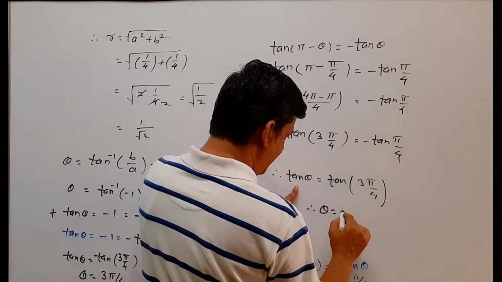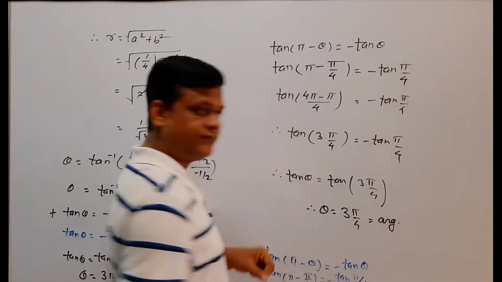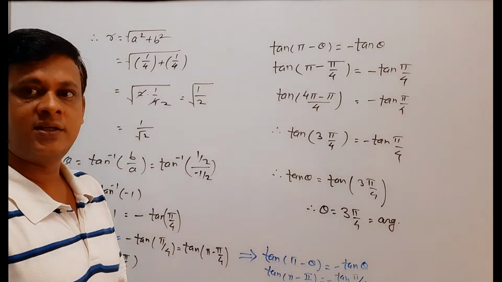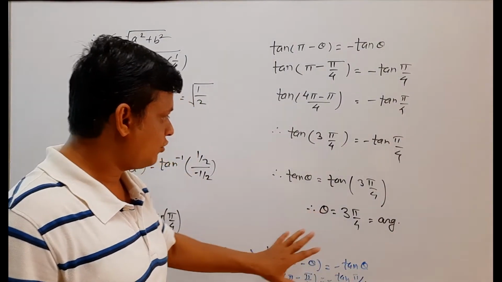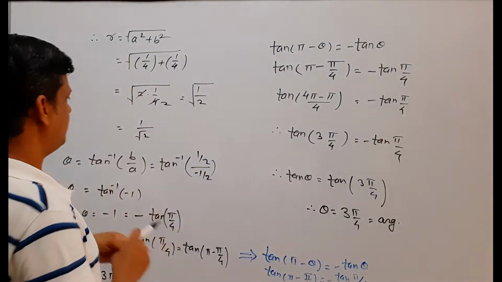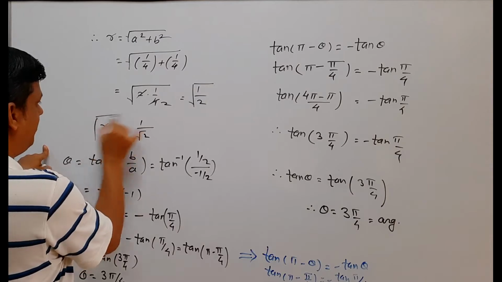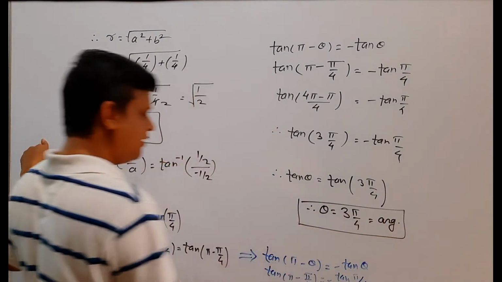Therefore theta is equal to 3 pi by 4, which is the argument, or we can say the amplitude of Z. Now we have to find only r and theta, so we find r, which we calculate as 1 by root 2, and then theta is equal to 3 pi by 4.